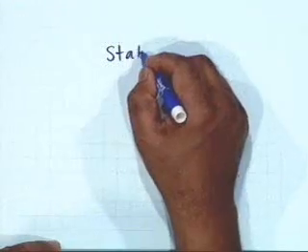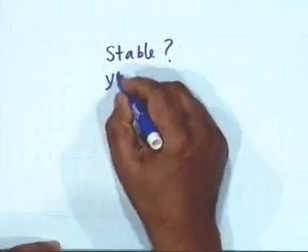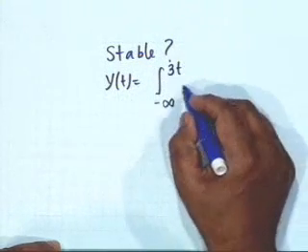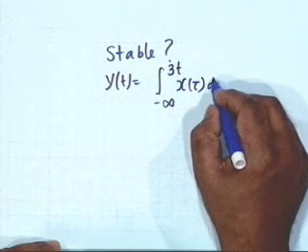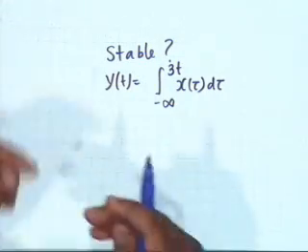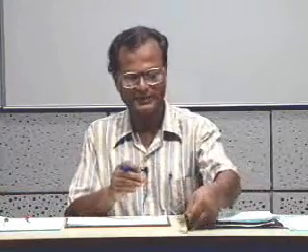Well, is it stable? Our relationship is y of t equal to the integral from minus infinity to 3t of x of tau d tau. Is this a stable system? Well, in order to test whether it's stable or unstable, you might have to think a little and apply some clever tricks.